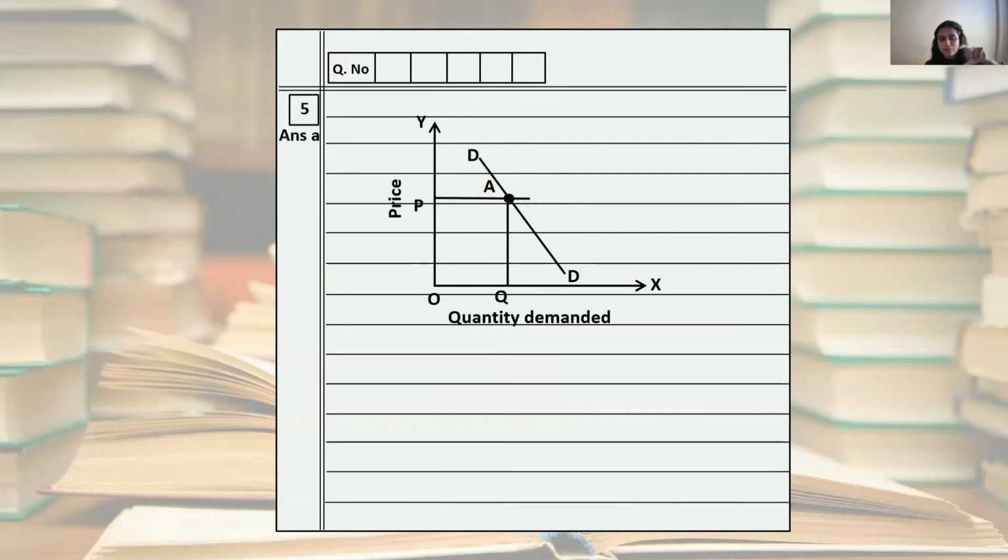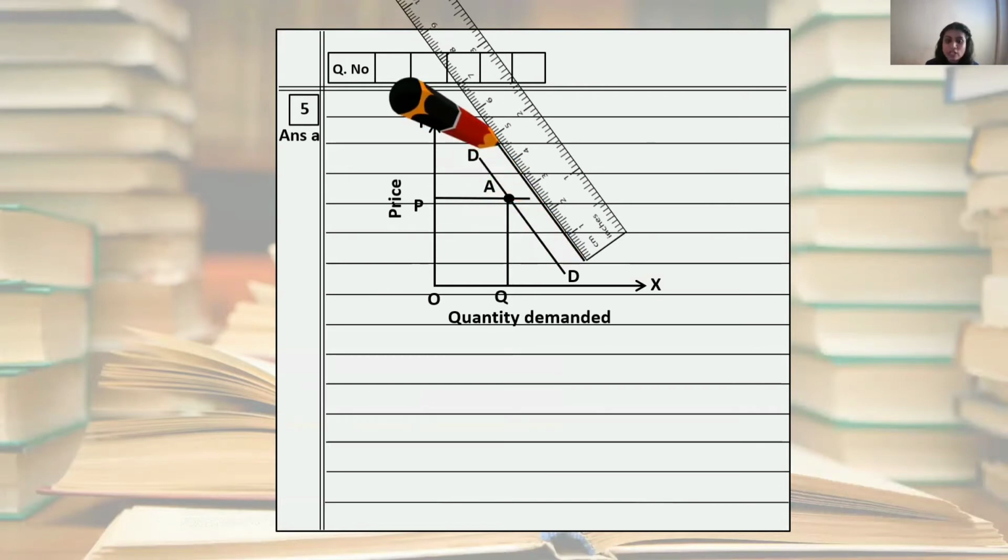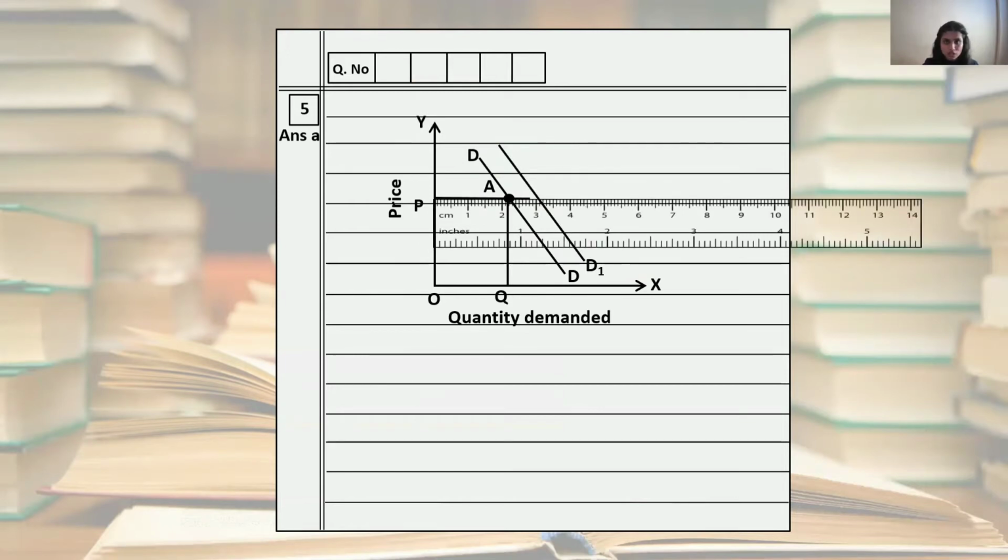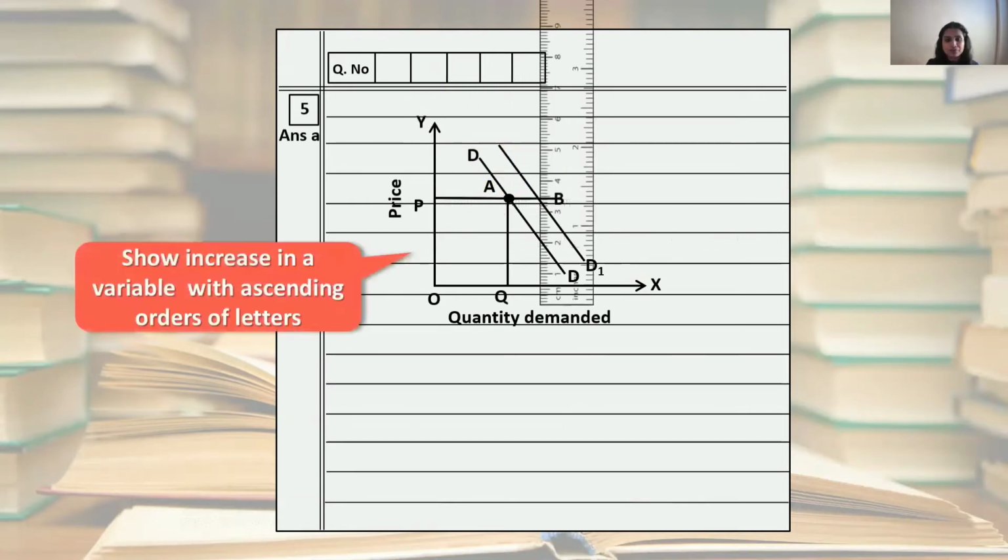So that OP is your price, 5, and your OQ is the initial quantity, right? Now you have to show increase in demand. So your price will remain constant. You will just extend the line, but your quantity will shift to the right. That is exactly what you have to show here.